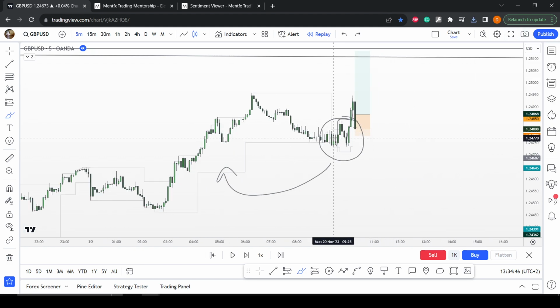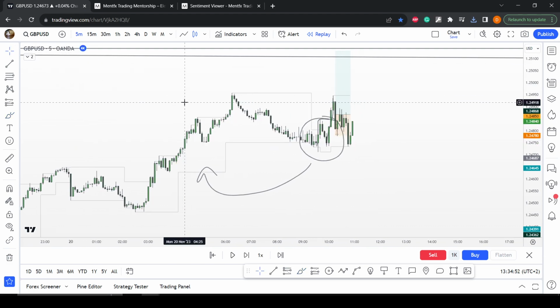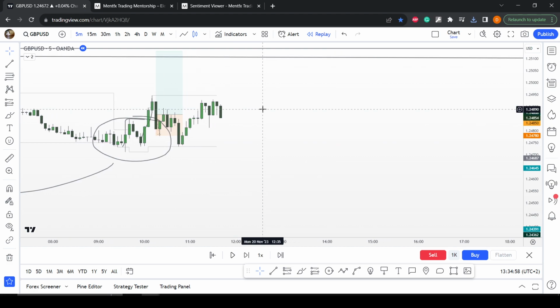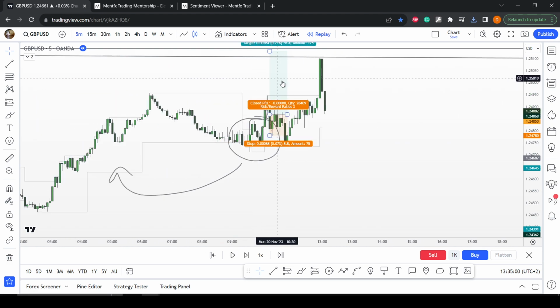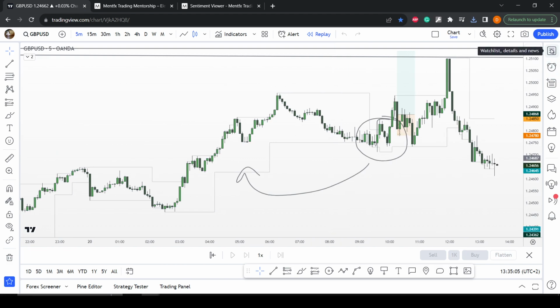Yeah, but here it's a bit more unclear. But I entered there, it went a bit to the take profit, then stopped me out, went to the deeper parts of the range, and then moved up almost to take profit, and then moved down. So this was my loser.